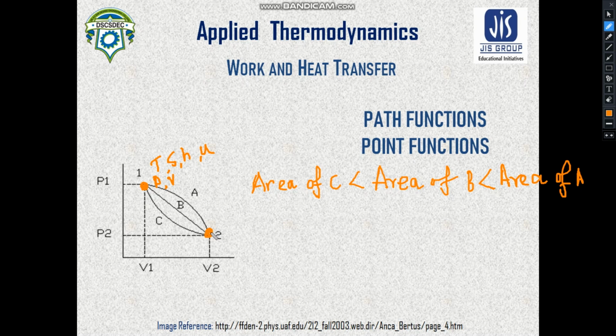There are some functions which depend on the path, and there are some properties which depend on the state only. So you have to focus on that. Now suppose we consider a cyclic process like this, from state 1 to 2 and 2 to 1, so 1 to 1 constitutes a thermodynamic cycle.